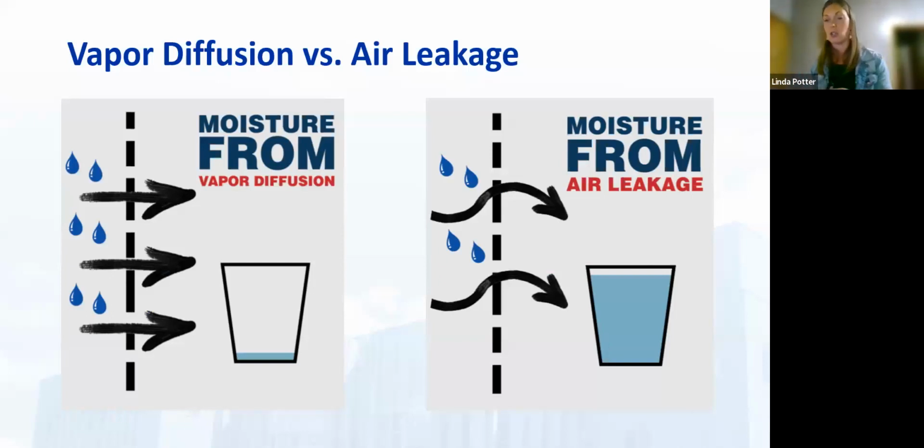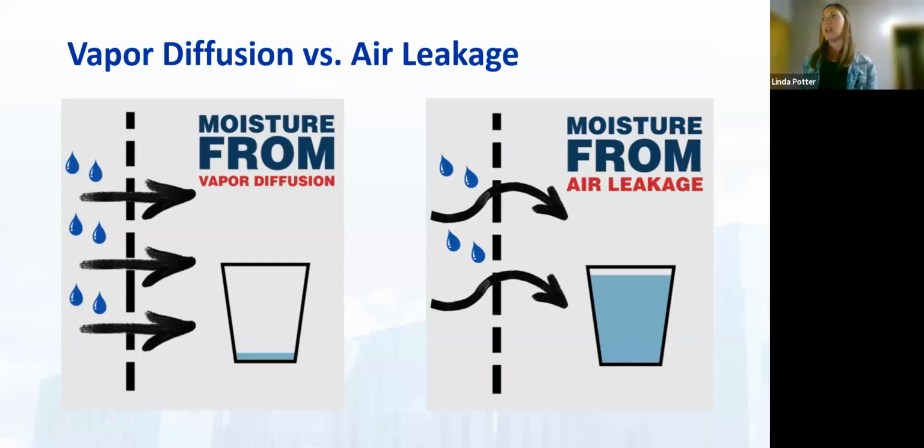However, the biggest issue is that if we have gaps, openings, holes, and allow air to come through, instead of just the rate of vapor moving through these barriers, that is where we see big, massive water penetration, major water leakage, big issues with liability, and all the things that come when air barriers aren't done well.